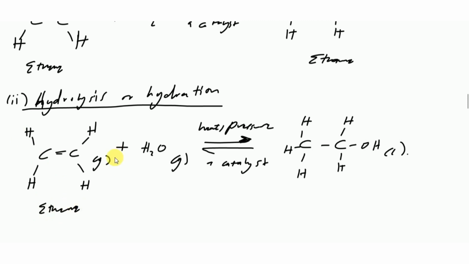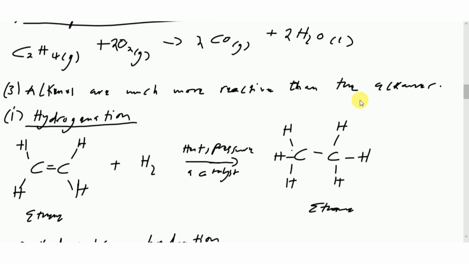So if ethene undergoes hydrolysis, that is going to produce ethanol, and ethanol is an alcohol. So whenever an alkene undergoes hydrolysis, it will produce an alcohol, and whenever an alkene undergoes hydrogenation, which is the addition of hydrogen to a substance, it will produce an alkane.